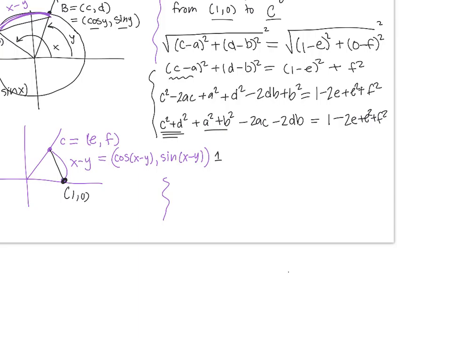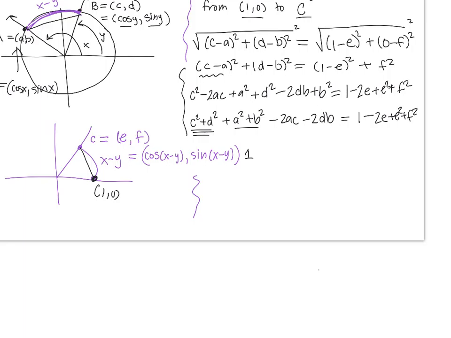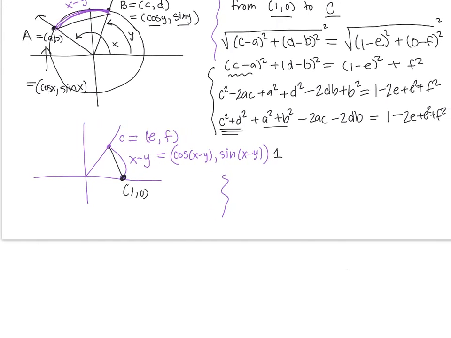That A squared plus B squared is cosine squared x plus sine squared x, right? That's also going to equal 1. Minus 2AC minus 2DB equals 1 minus 2E. What do you think about E squared plus F squared? Also going to equal 1.